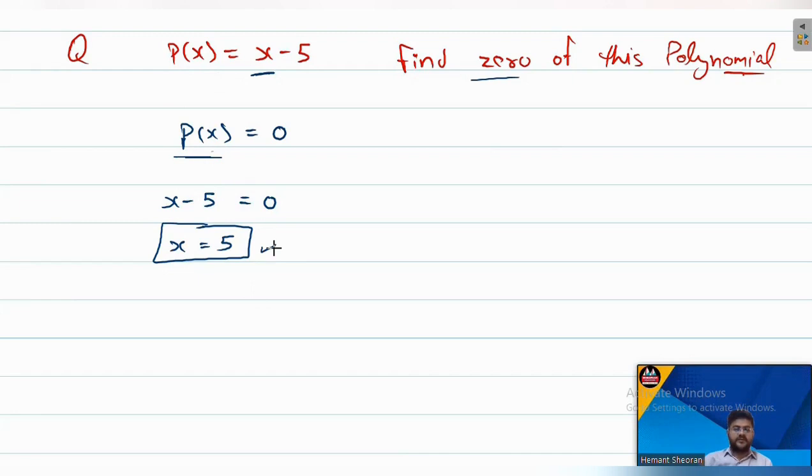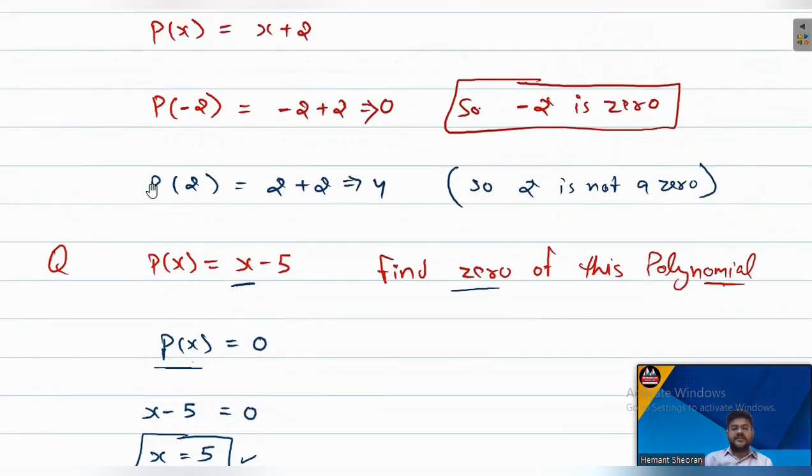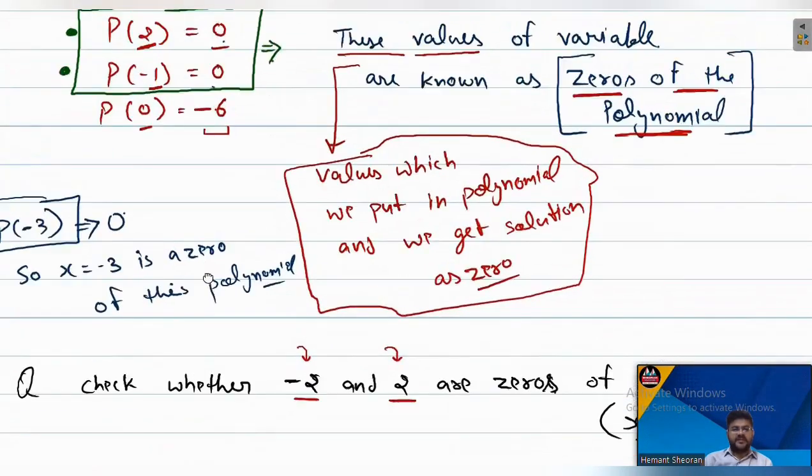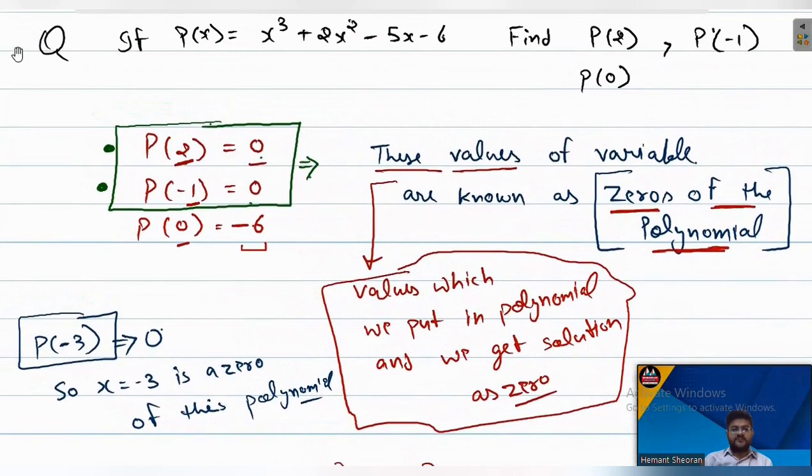Is there any other value of x that you can put and get the answer 0? Other than 5, do we have any other value? I don't think so, there is none. But in the question we discussed earlier, we got 3 zeros: p of 2 was a 0, p of -1 was a 0, p of -3 was a 0.